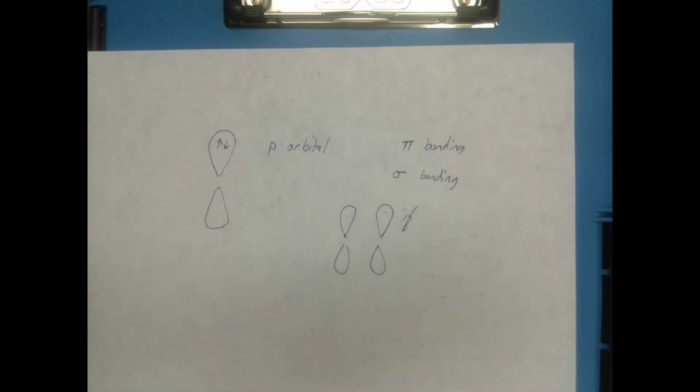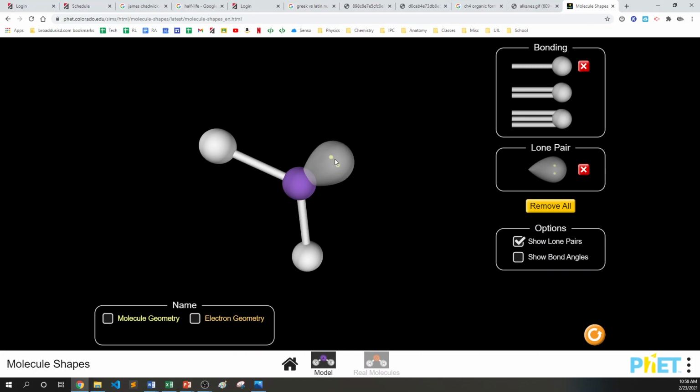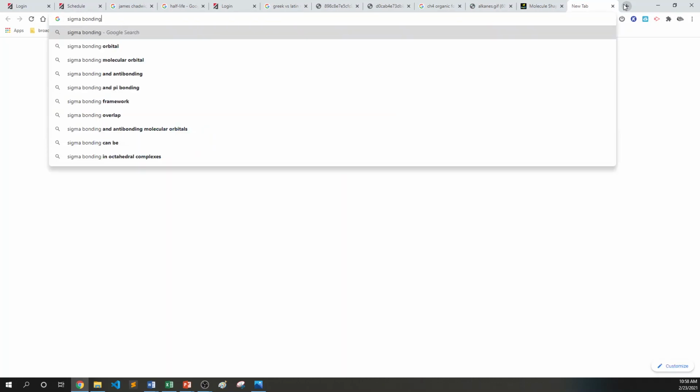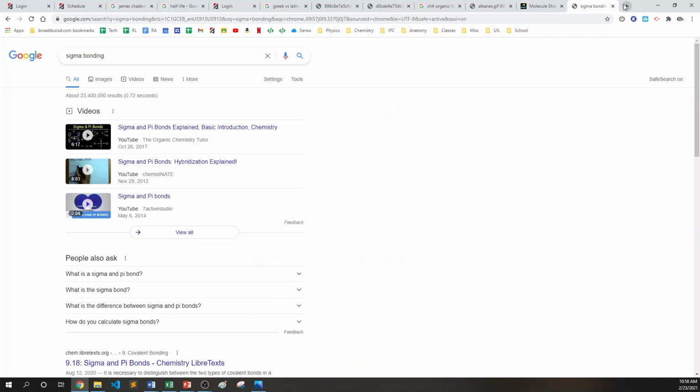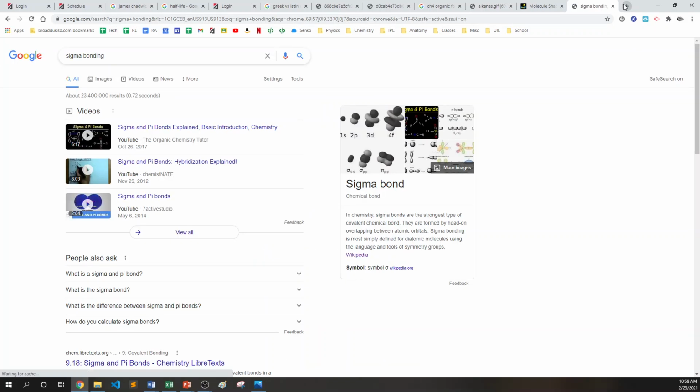Is that a pi? No, it would be a sigma. No, it wouldn't. It would be a pi. Because whenever they merge together, they merge looking like this, and that looks like a pi. So this would be pi bonding.